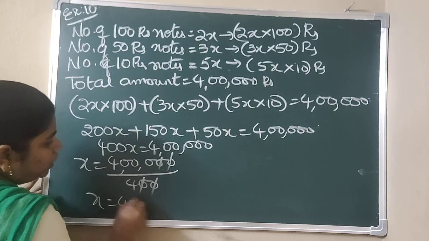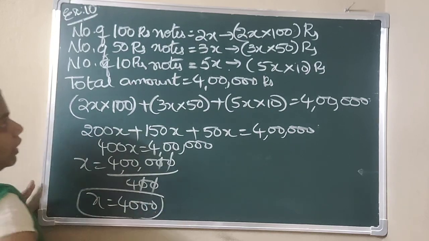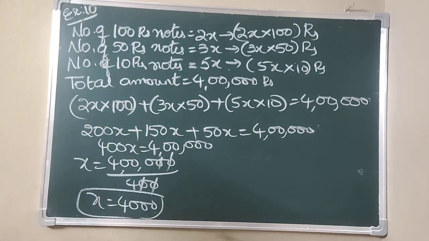So what is the x value? 1000. That means the number of 100 rupee notes is how many?